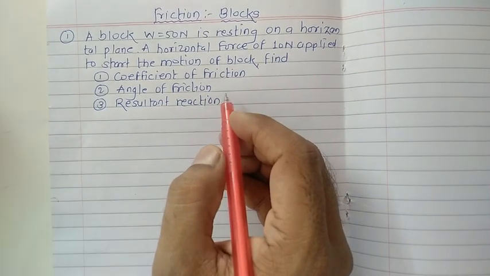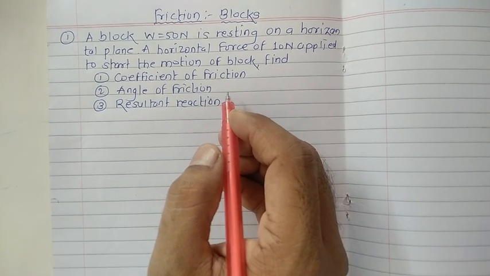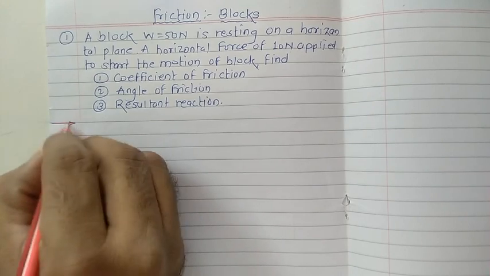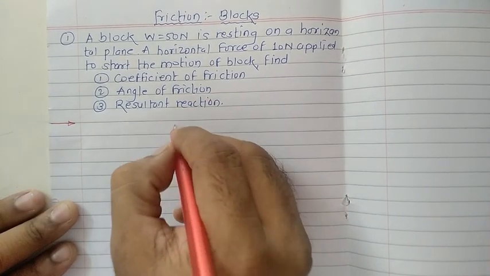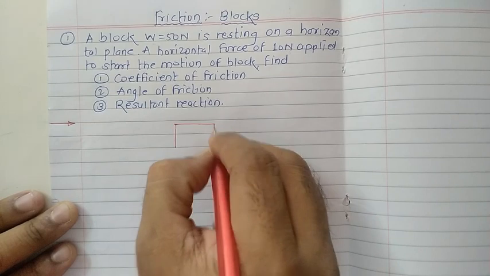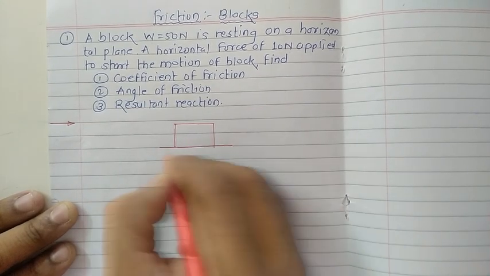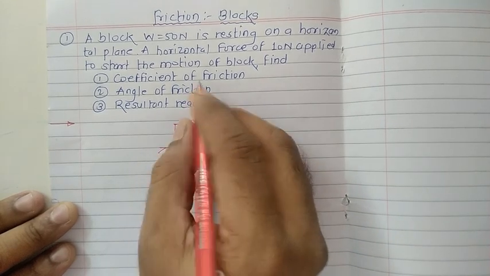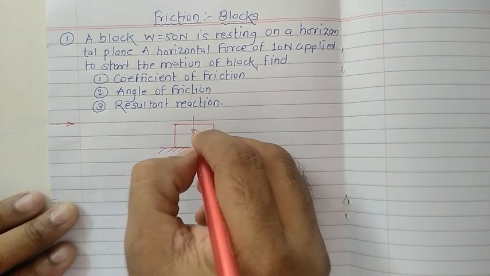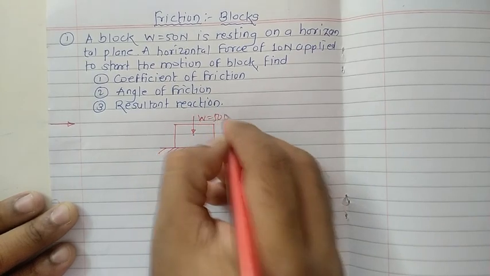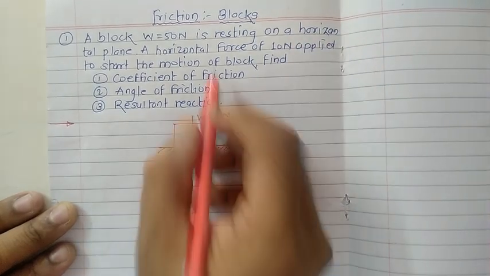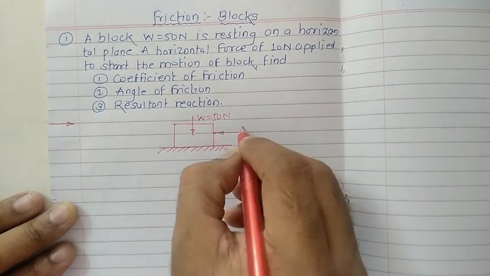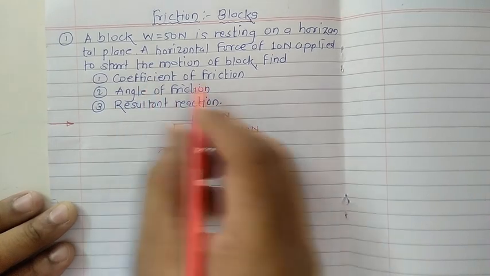So first of all, we need to form a diagram of the same. In this way, the information with us is: a block of 50 Newton weight is resting on a horizontal plane, and a horizontal force of 10 Newton is applied on this block to start the motion of the block.